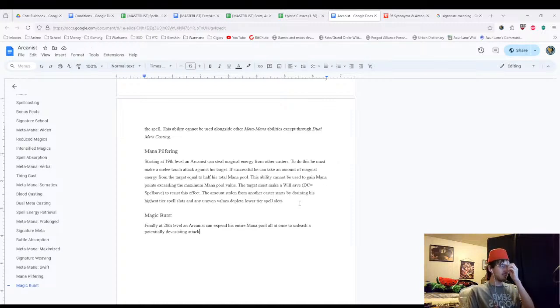You're dumping the whole mana pool for this. So he spends his entire mana pool all at once to unleash a potentially devastating attack. As a standard action, he designates a point or a target.